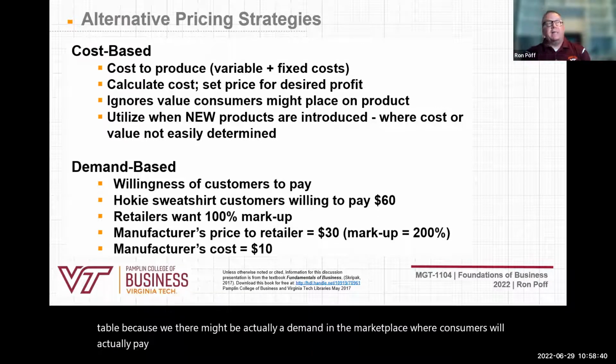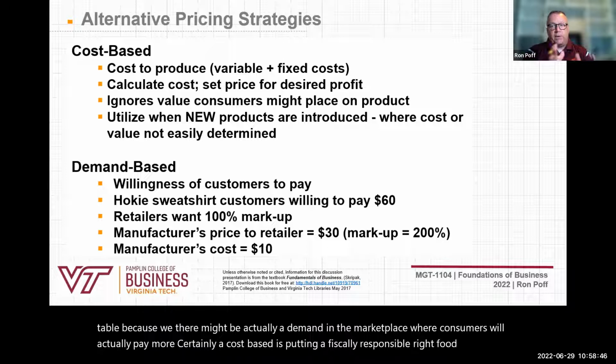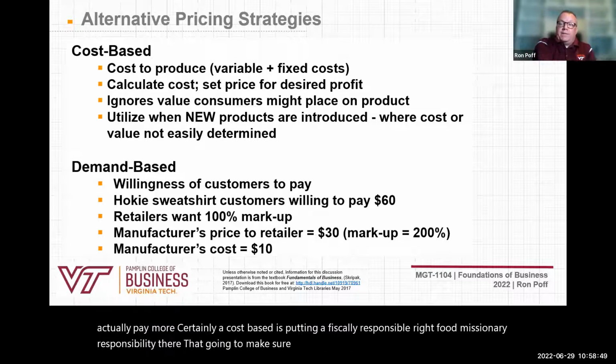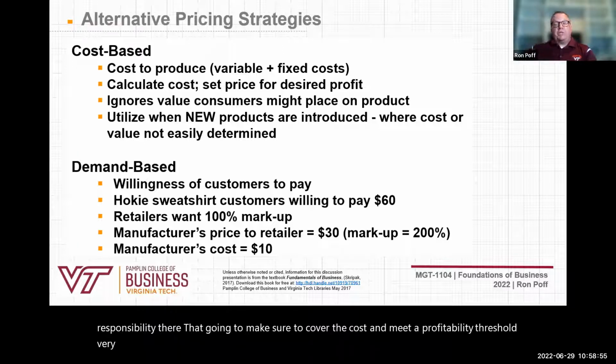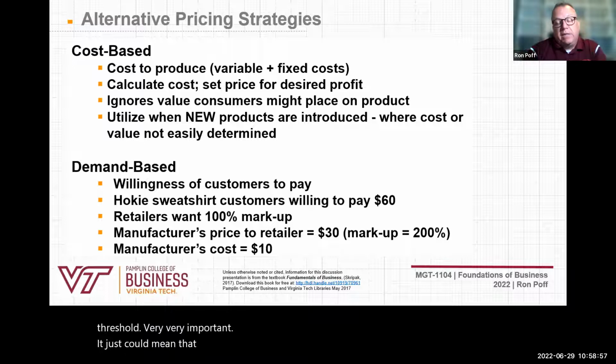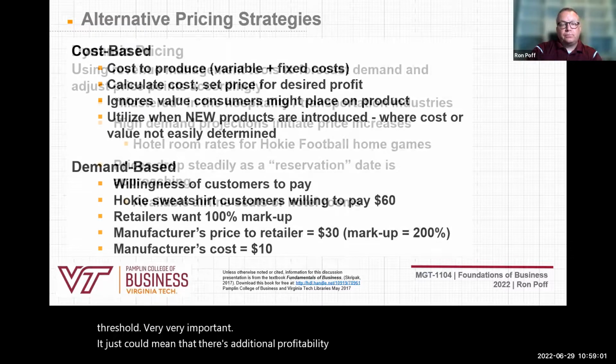Certainly a cost-based approach puts a fiscally responsible, fiduciary responsibility there that's going to make sure to cover the cost and meet a profitability threshold. Very, very important. It just could mean that there's additional profitability that could be gained.